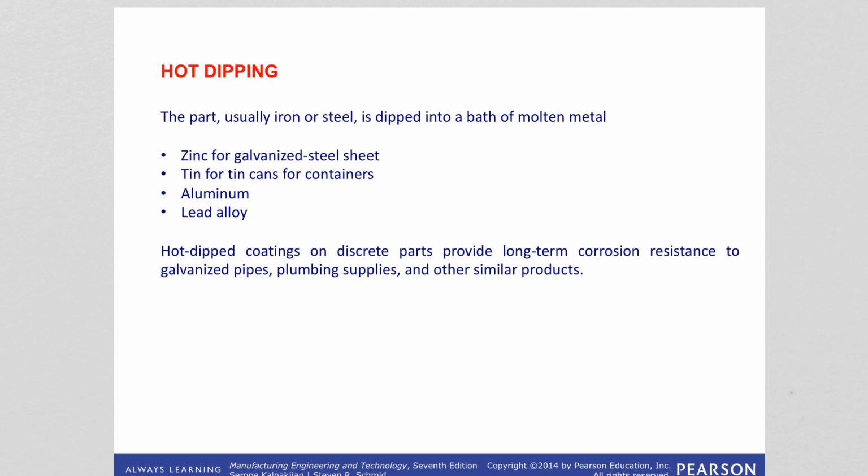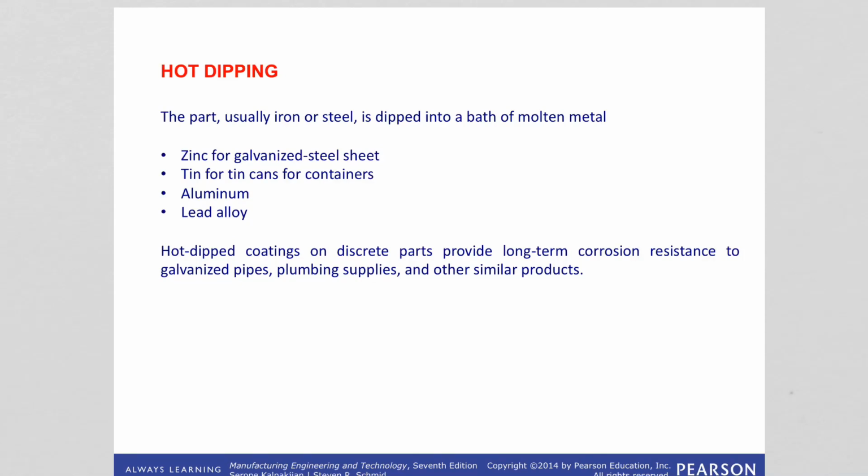Hot dip coatings. Large quantities of metal products are given corrosion resistant coatings by direct immersion into a bath of molten metal. The most common coating materials are zinc, tin, and aluminum.